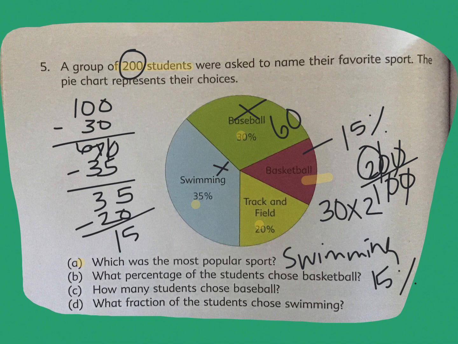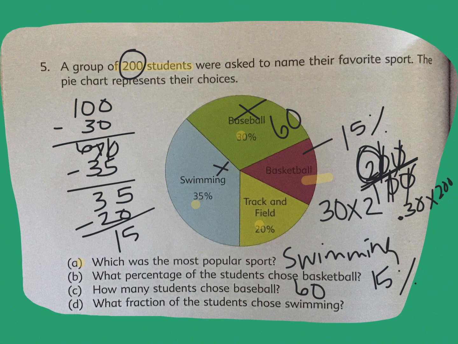Remember, if we did the fraction way, it would be 30%, but in the decimal, 0.30 times 200. But I chose to do the units way because I saw that I could just cross off the zeros and end up with 2. So 60.